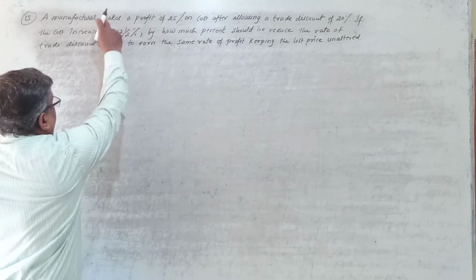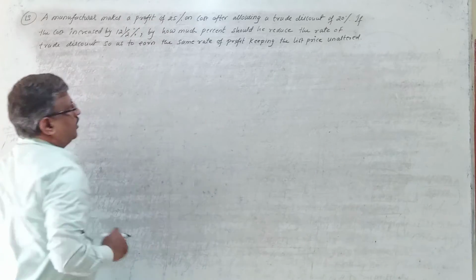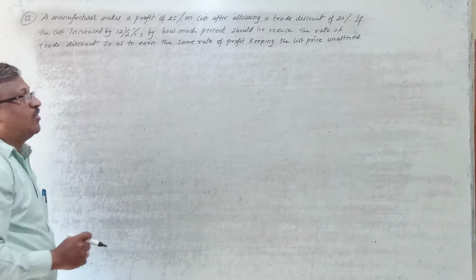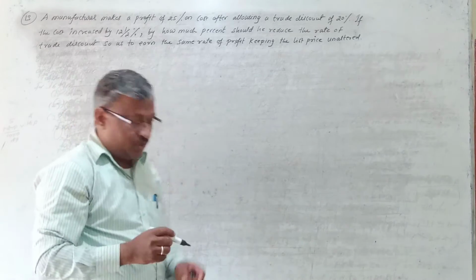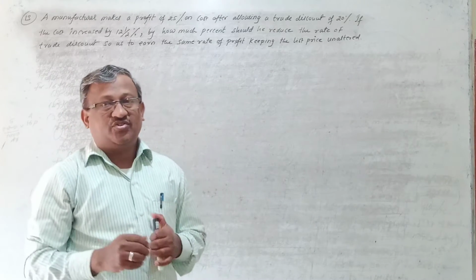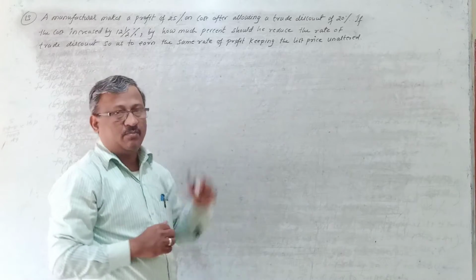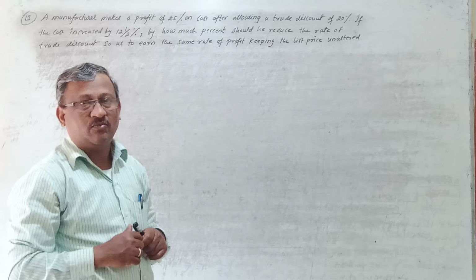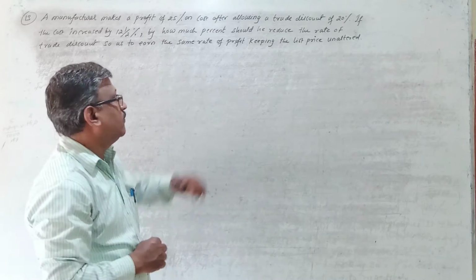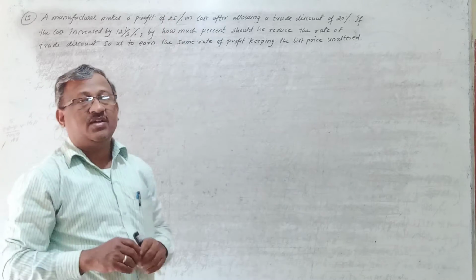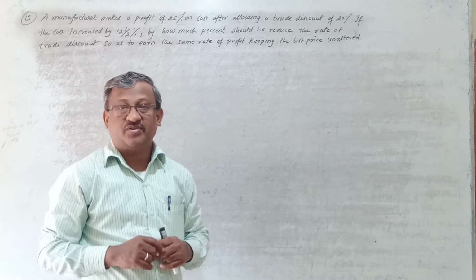So here a manufacturer makes a profit of 25% on cost after allowing a trade discount of 20%. Whatever the manufacturer's list price is, after giving a 20% discount on it, he is making a profit of 25%.